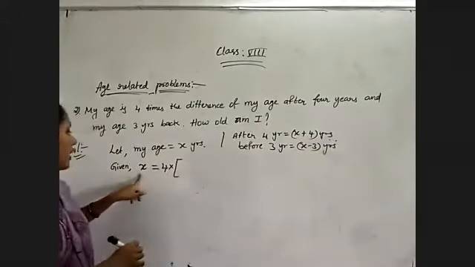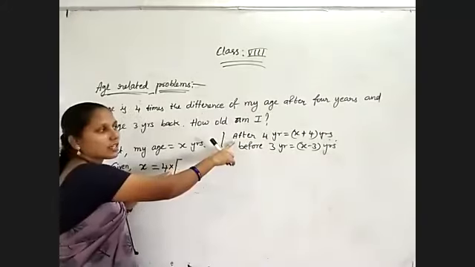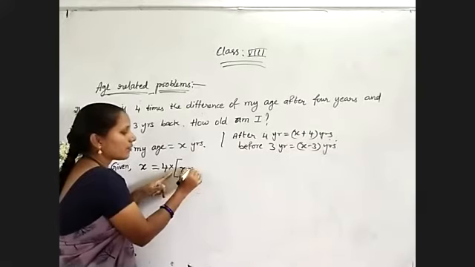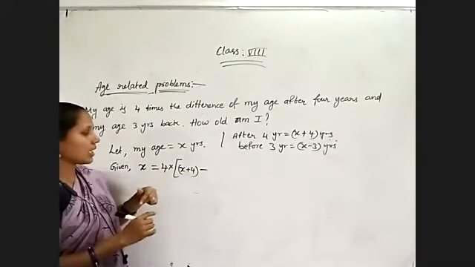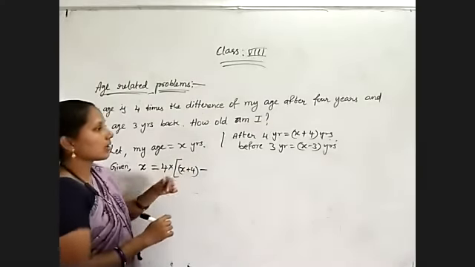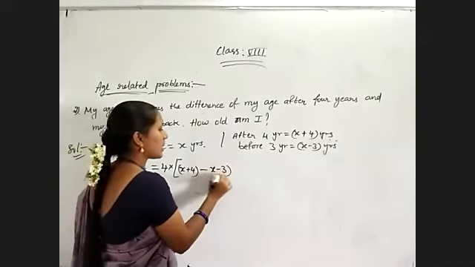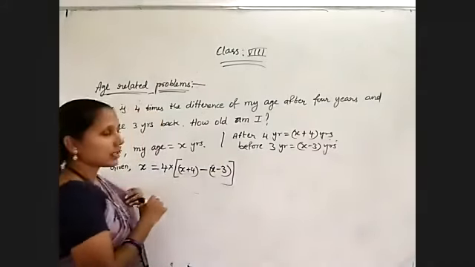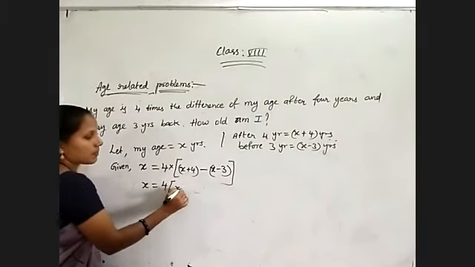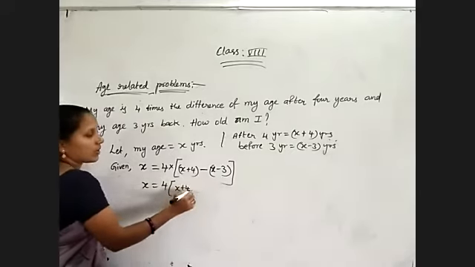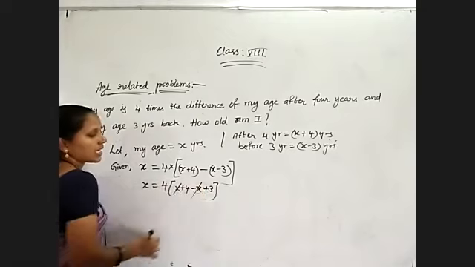So my age is equal to 4 times the difference between after 4 years, X plus 4, minus before 3 years, that is X minus 3. Okay, so simplify the brackets first: X plus 4 minus X, minus into minus plus 3. So plus X minus X will get cancelled.